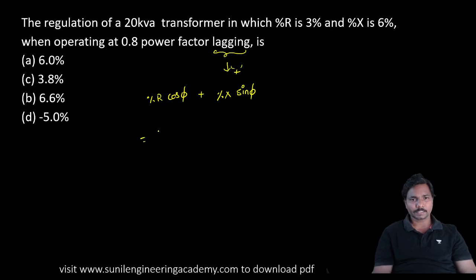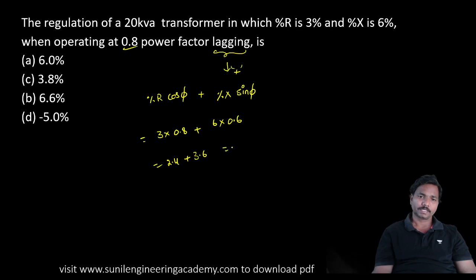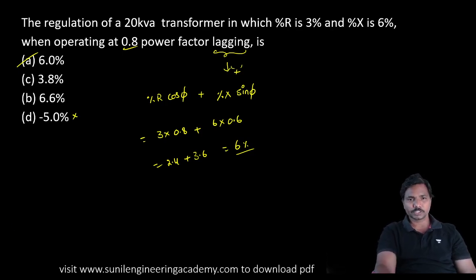So percentage R 3% into cos phi 0.8, percentage X 6%, sin phi is 0.6. 2.4 plus 3.6, that is nothing but 6%. So the answer is option A. Whenever they give lagging, we can simply eliminate the negative term. Coming to the next question.